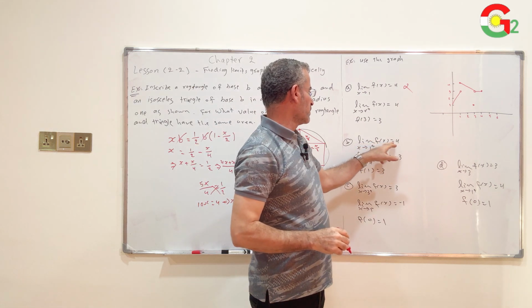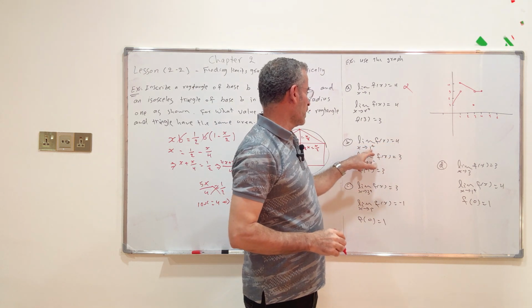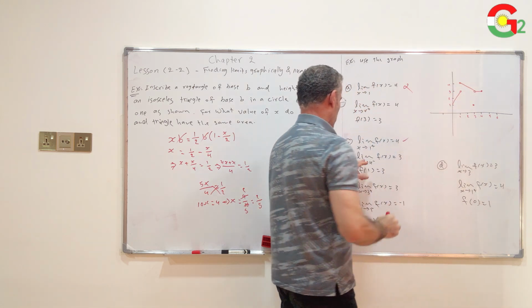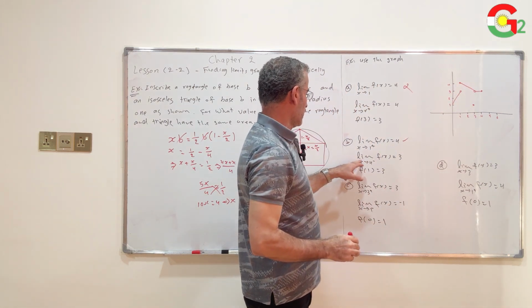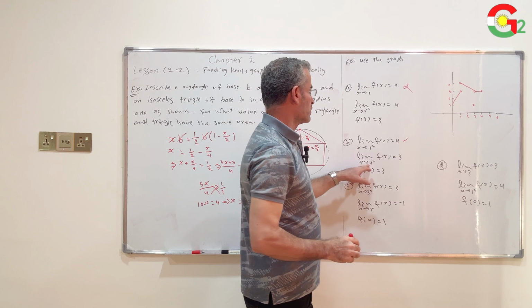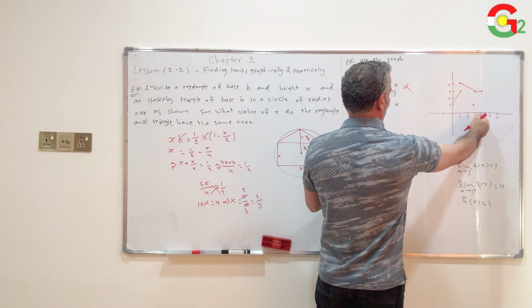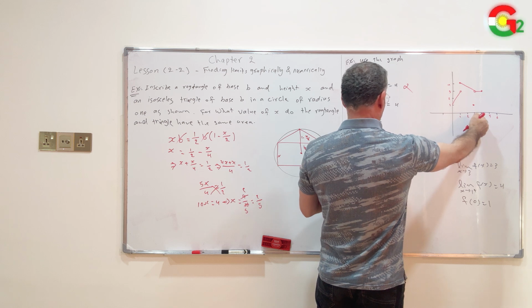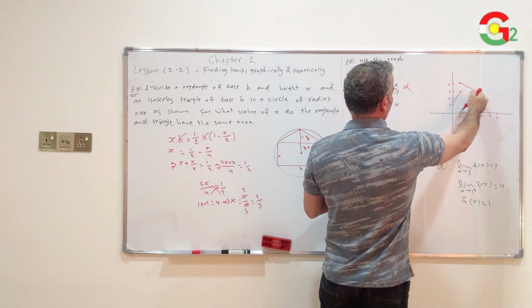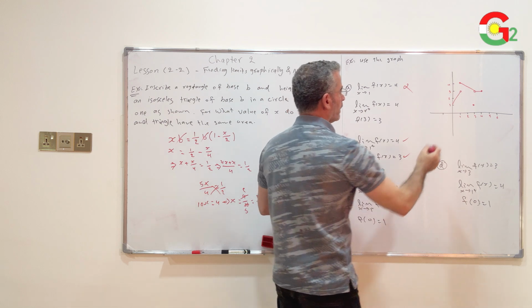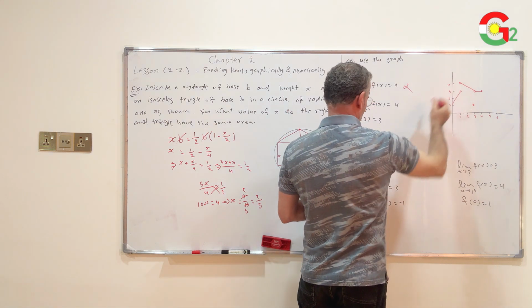B. Limit of f of x when x approaches 1 from the right is 4. It's true. Limit of f of x when x approaches 1 from the left is 3. It is true. C. f of 1 is 3. Wrong. It is 4.